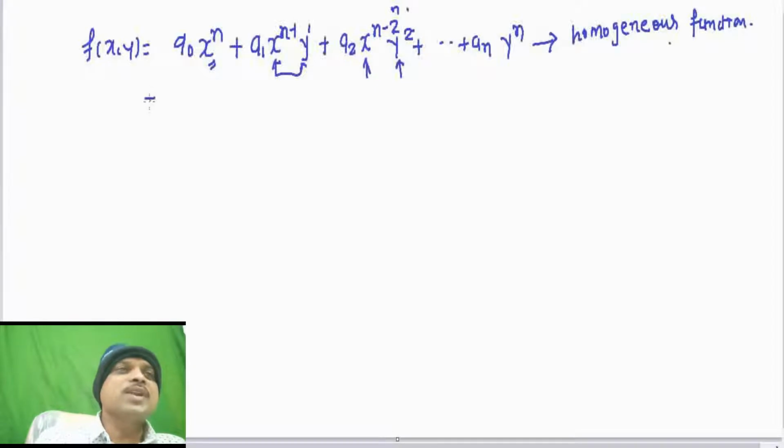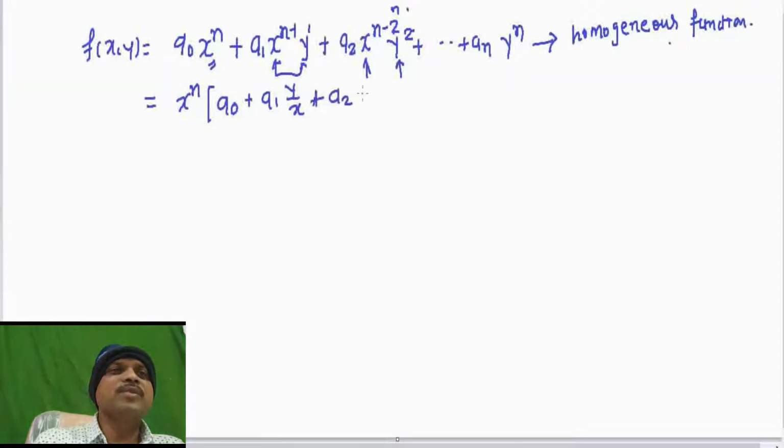We can also write it as follows. If we take x raised to n common, we have x raised to n into a0 plus a1 into y divided by x plus a2 into y divided by x whole square, up to an into y divided by x whole raised to n.